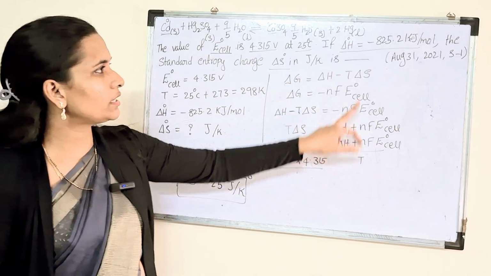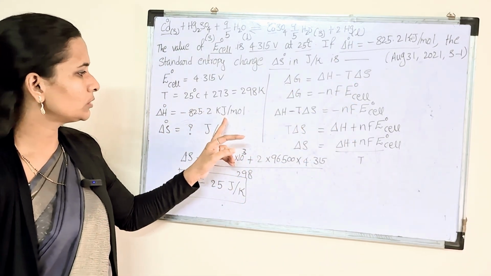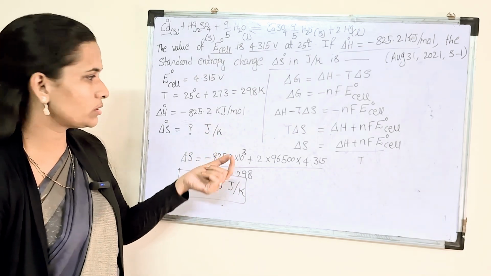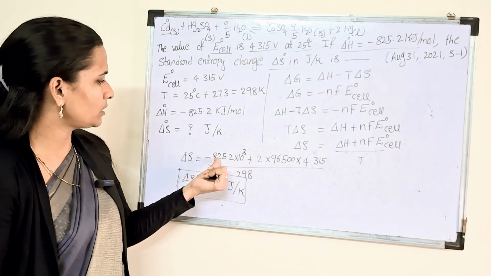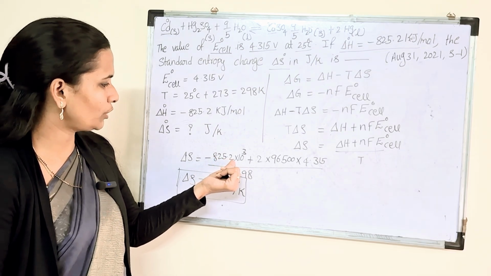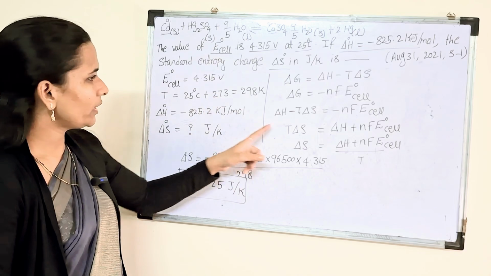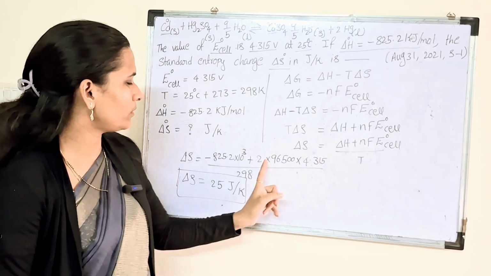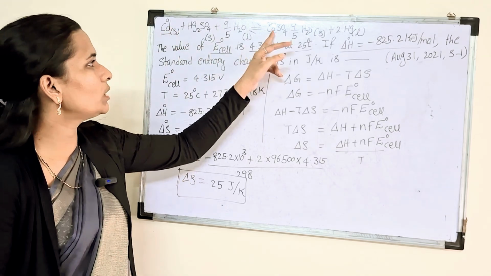Delta H is minus 825.2 kilojoules, but we need delta S in joules, so this is converted into joules: minus 825.2 into 10 cube joules, plus nFE° cell. The n value is the number of electrons involved in the reaction, so here 2 electrons are involved.